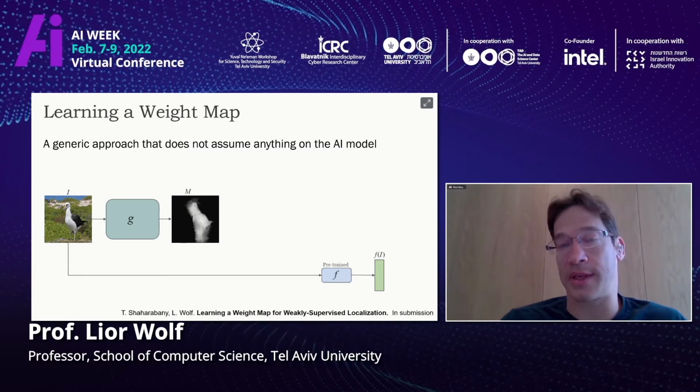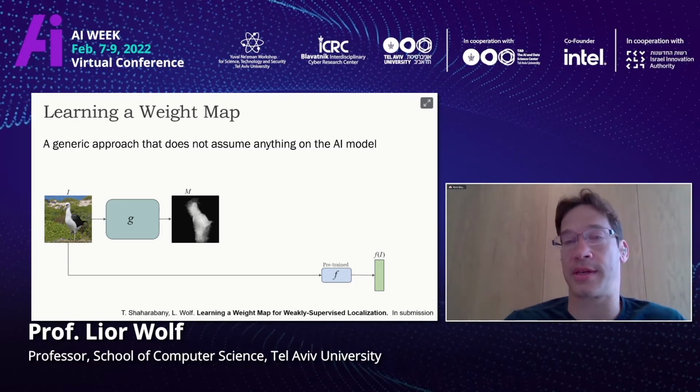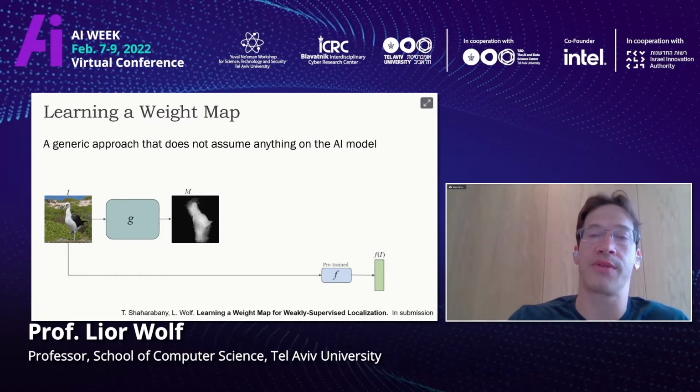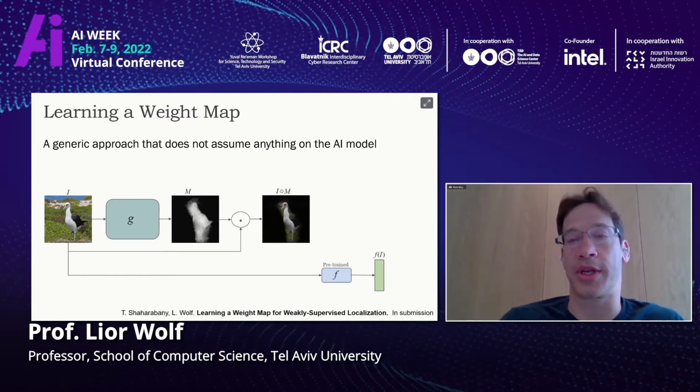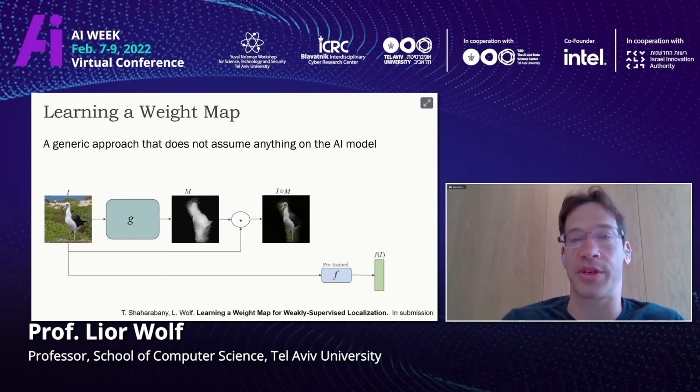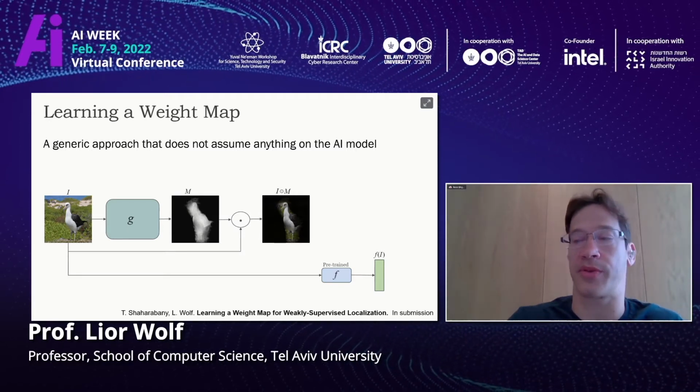And once we get the heat map, we need to actually tie it back to the classifier. So what we do is we look at the image. This is a multiplication of the original image and the weight map. And we get the image over here.